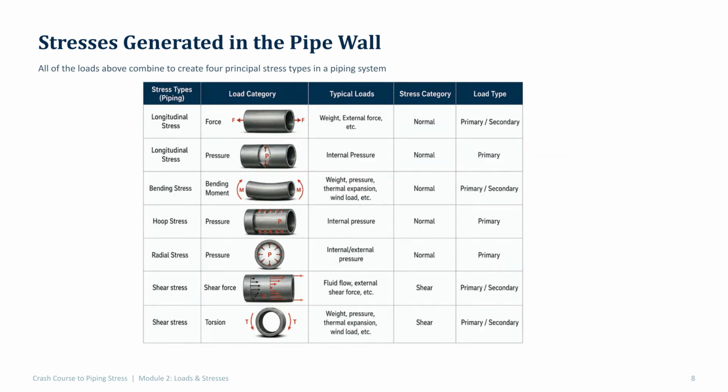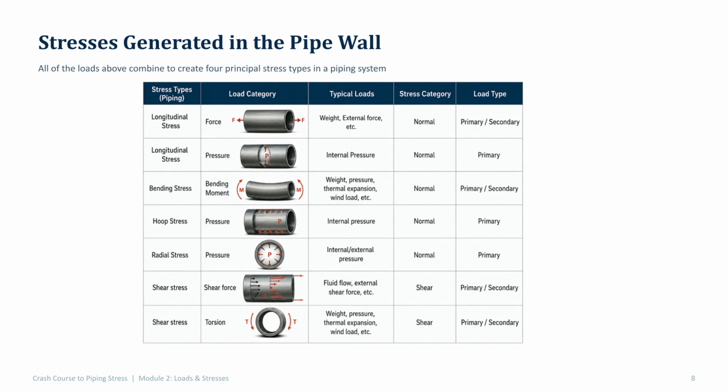Let's connect the dots between the loads we talked about earlier and these four stress types, because in practice, one stress type can come from more than one kind of load. Longitudinal stress, for example, can come from a straightforward axial force, like weight pulling down the length of the pipe, or from internal pressure itself, or from bending, which happens when weight, pressure, thermal expansion, or wind causes the pipe to flex like a diving board.